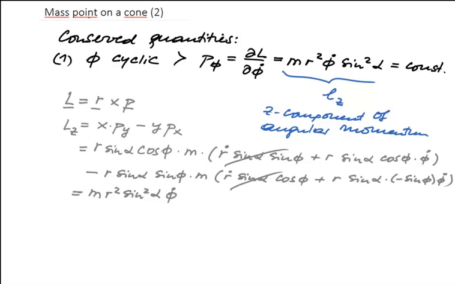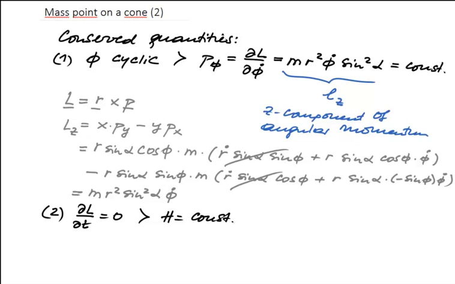Note that the Lagrange function does not depend explicitly on time. This implies that the Hamilton function is a conserved quantity. So the second observation is dL over dt is 0, and therefore the Hamilton function is conserved.